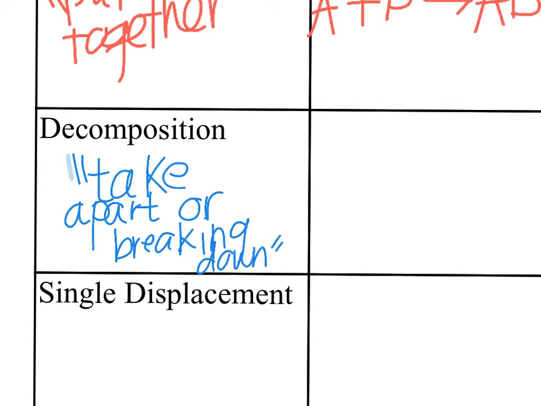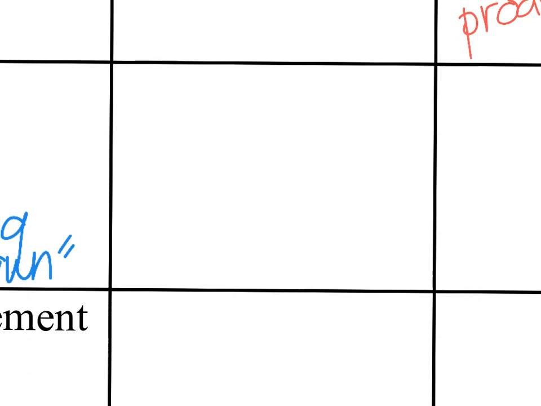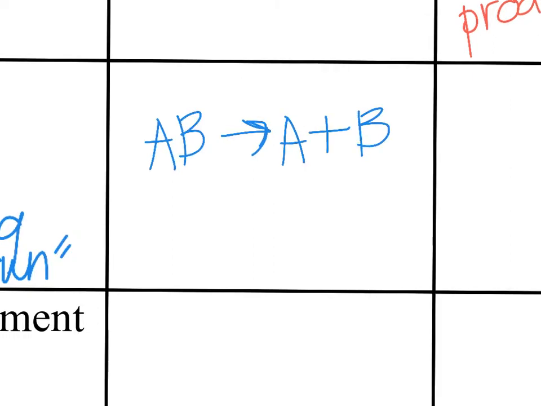So what does the general formula look like? Instead of A plus B makes AB, we're breaking it down. So AB together makes A plus B. So to take apart or to break down.